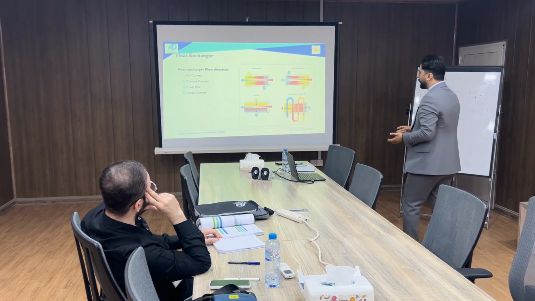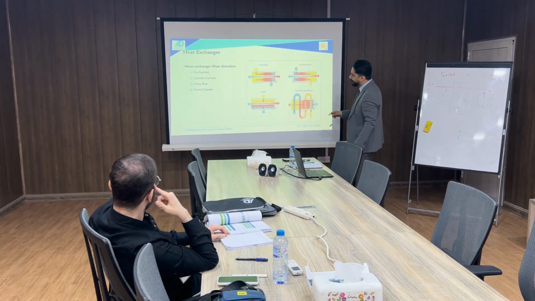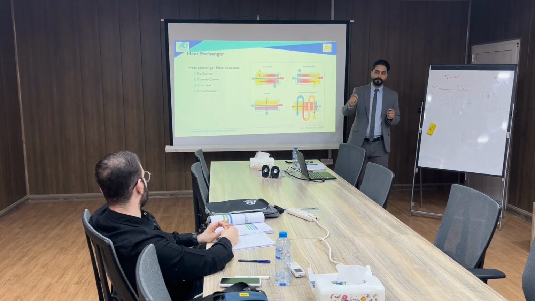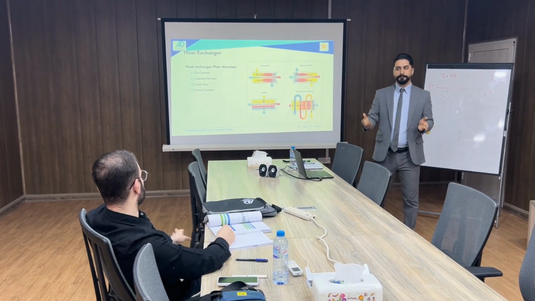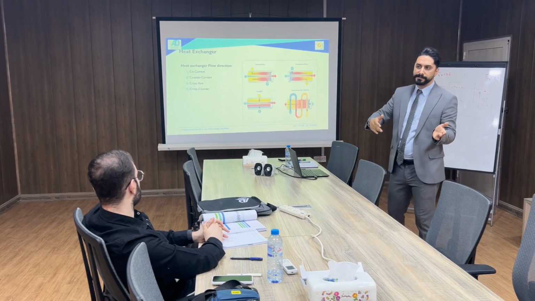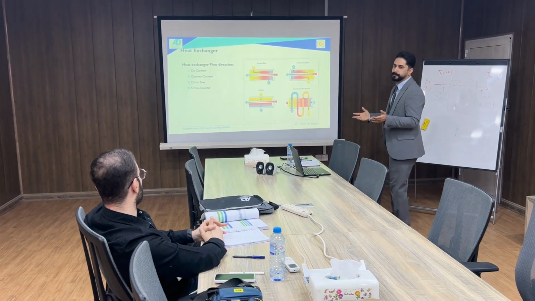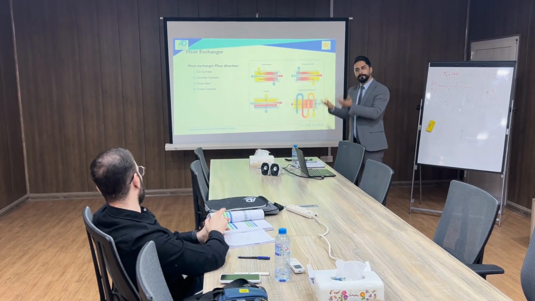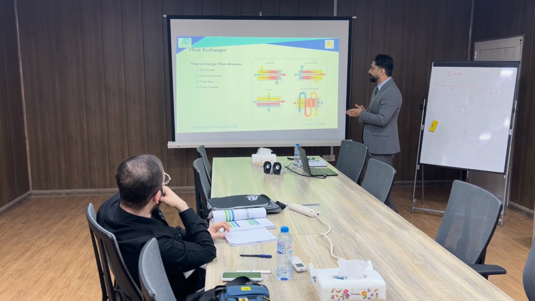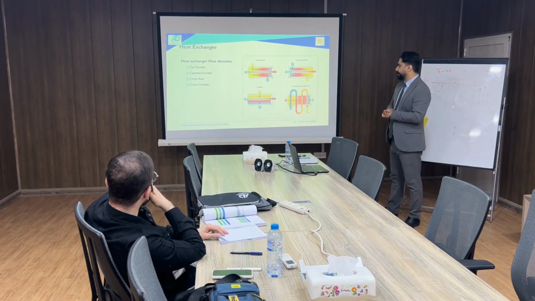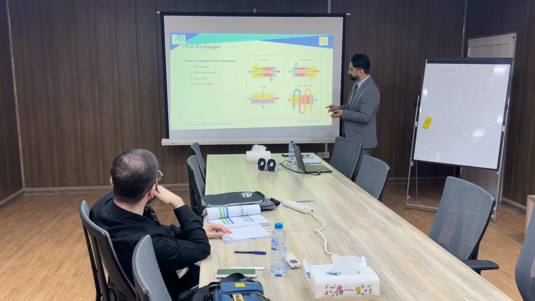Okay? And the passage of the tube can show us the flow direction of heat transfer. It can be co-current, counter-current, cross-current, or in some cases mixed. We can use all of these different flow passes of the hot or cold medium. Okay?